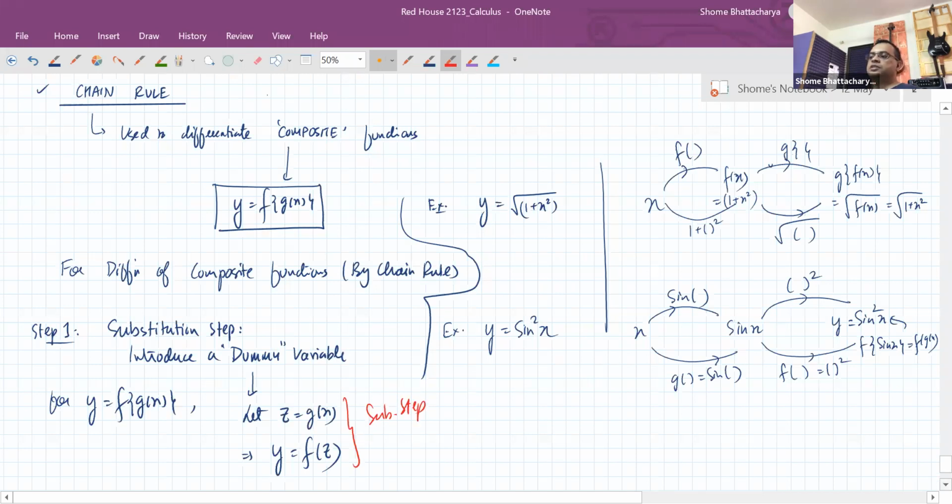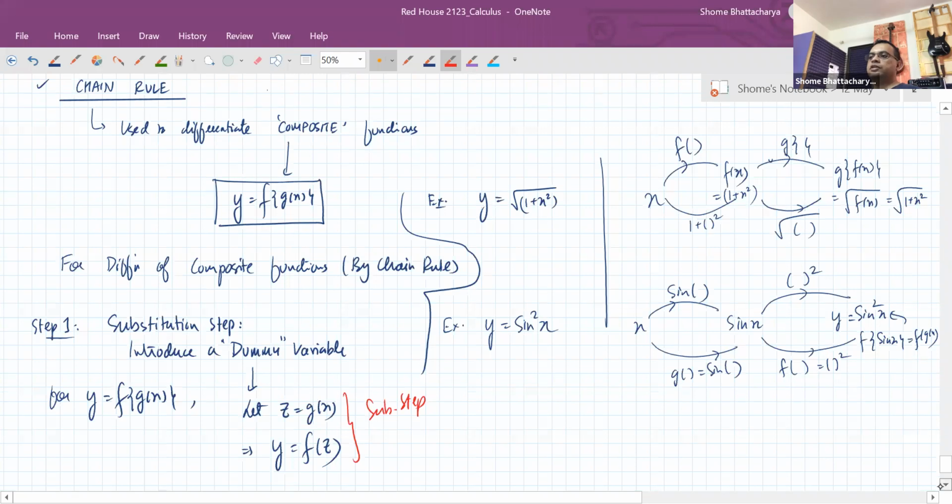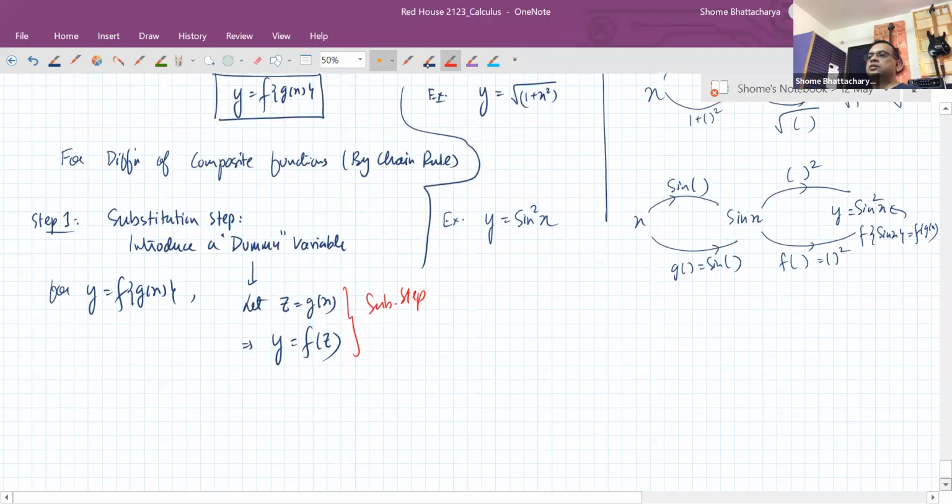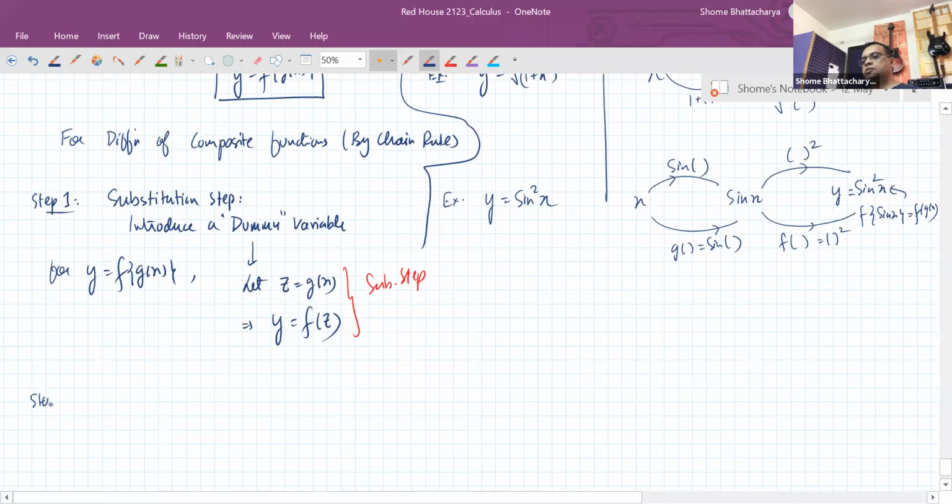Now, once you've done this substitution step, we introduce the second step, which is the chain rule step. The chain rule is given by this: rate of change of y with respect to x is rate of change of y with respect to z multiplied by rate of change of z with respect to x.